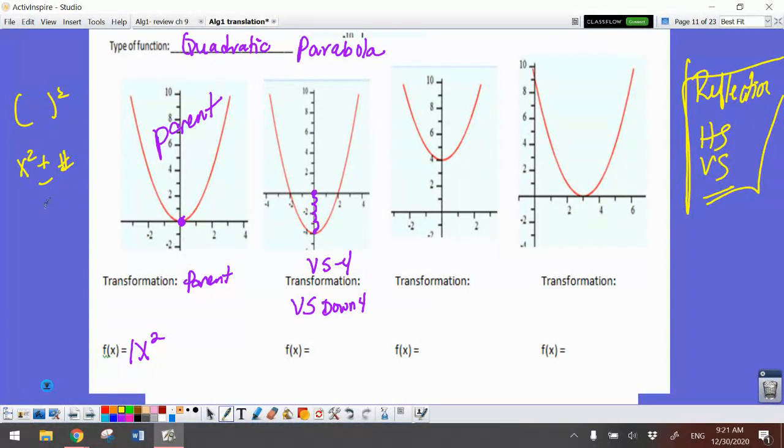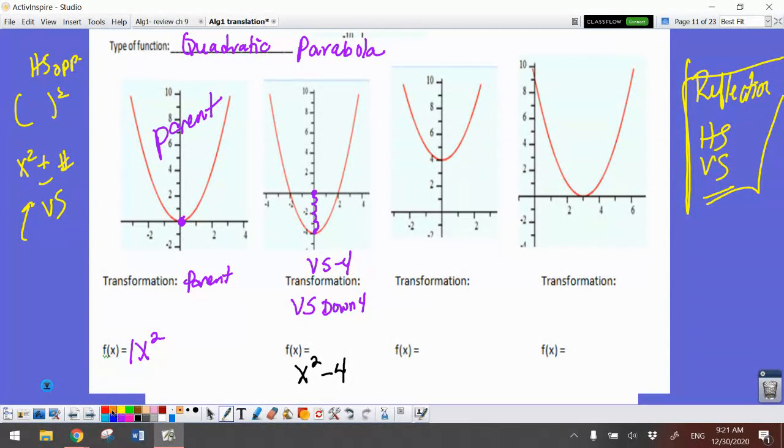Which one was vertical? This one was vertical, this was horizontal, and it was opposite. So this function is x squared minus 4, because I moved it down 4.